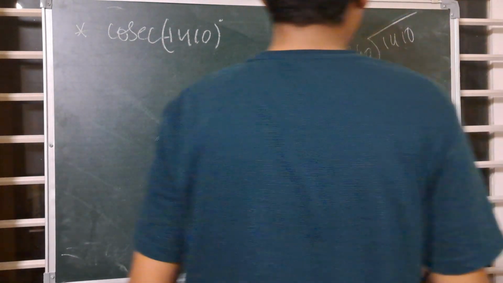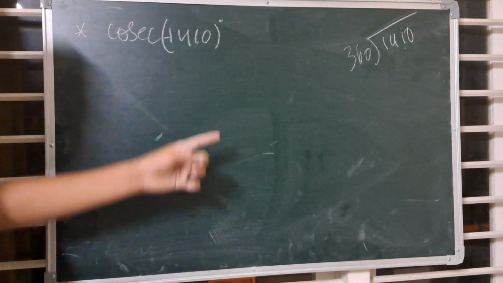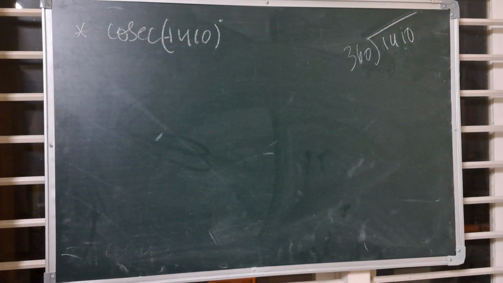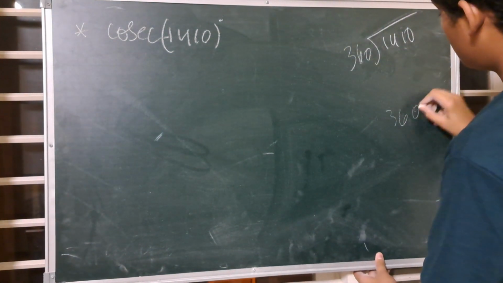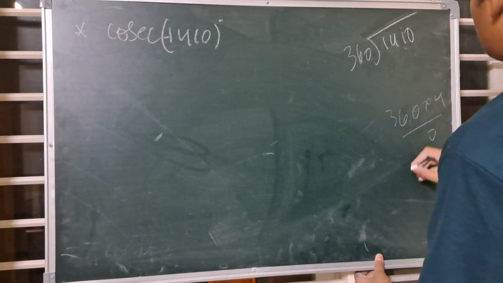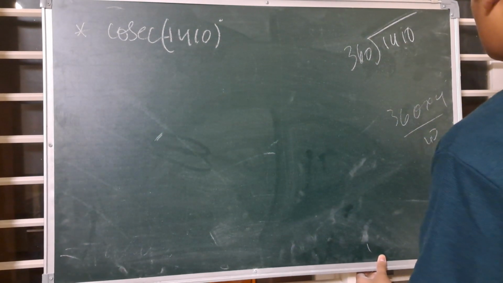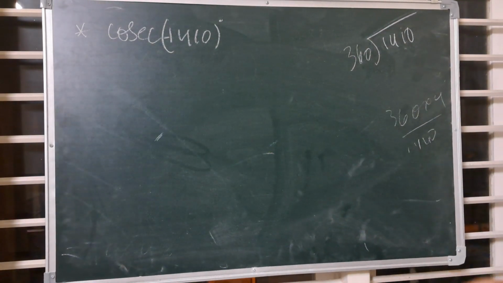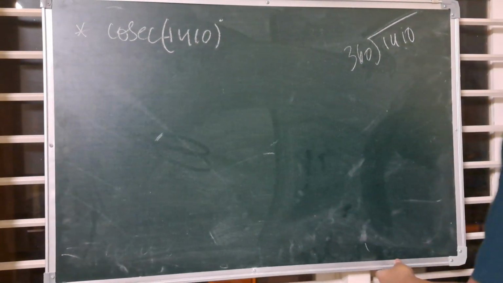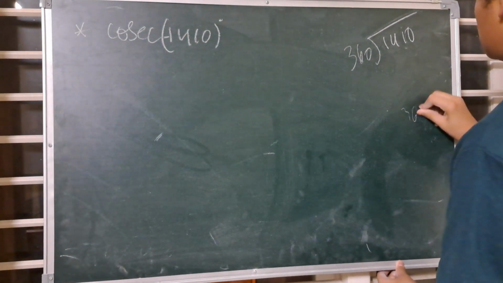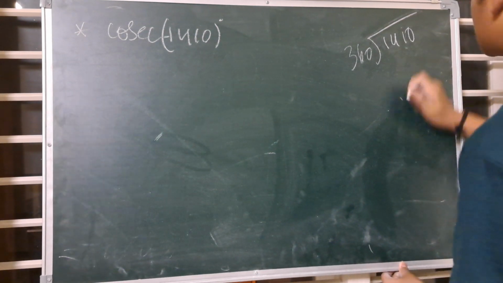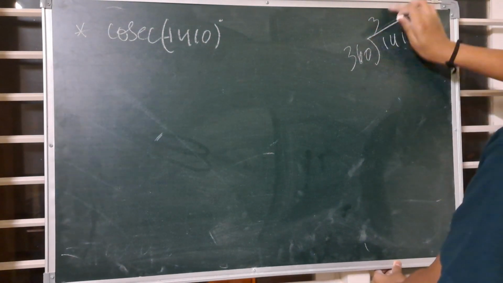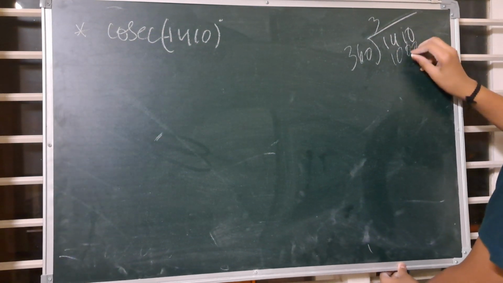So 360, it will go by 360. I think 4s are 1440, 360 times 3 is 1080. 3s are 1080.